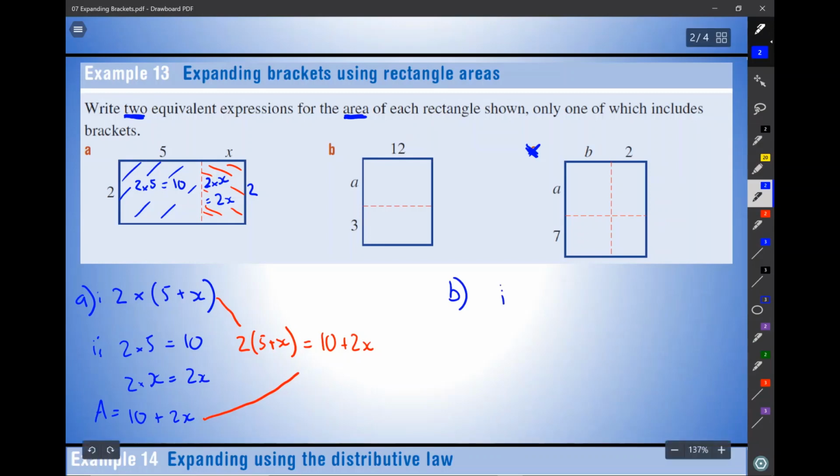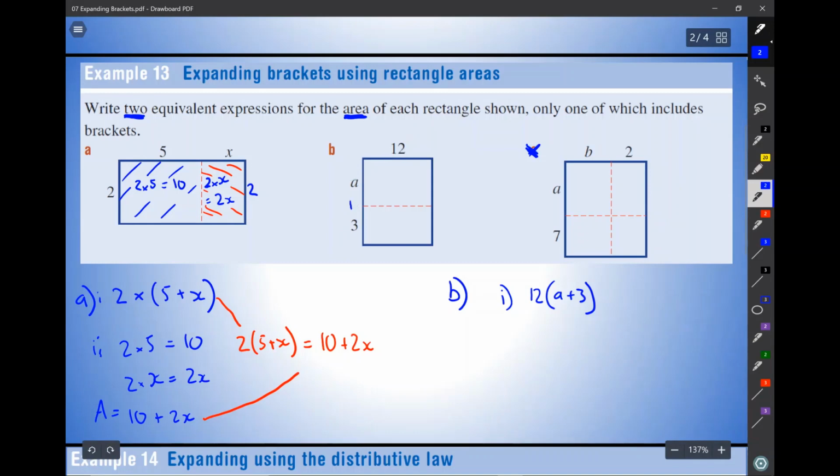So in our first expression, we're going to do the whole thing in one go. That is 12 times a plus 3. Remember, when we're writing a times like this, we can leave out the times symbol and just put 12 bracket. That's our first expression for the area.